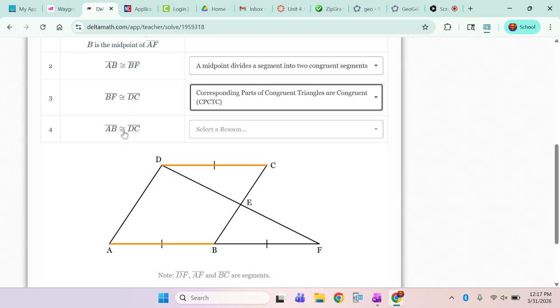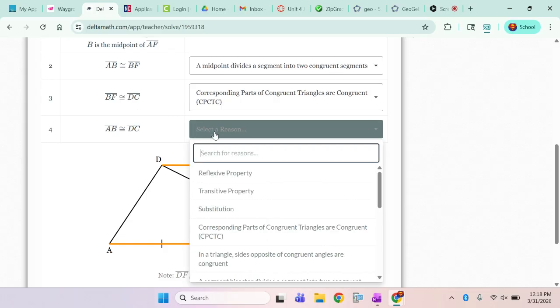So what's that called? It's on your blue sheet. When you just switch them out. It's transitive. It just means that you flip flop, or substitution. That works too. I'm going to say substitution.